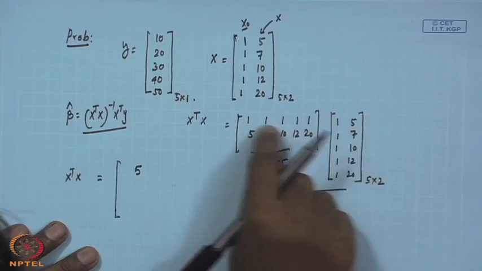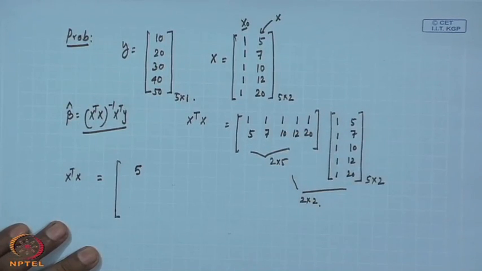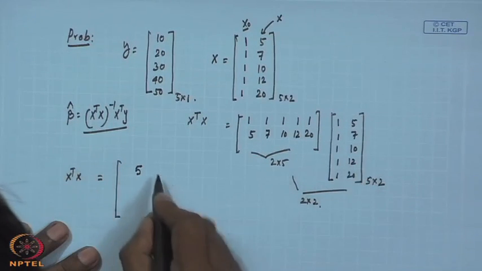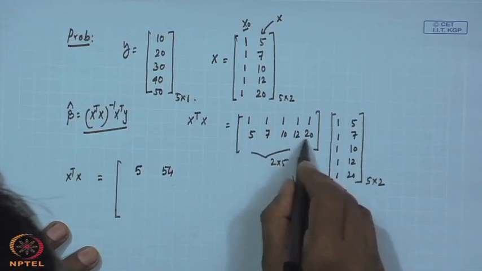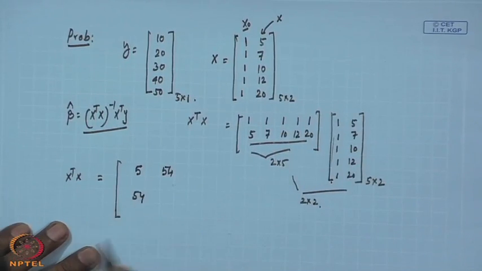Now, this into this like this, the sum is 5 plus 7 is 12, 22, 34, 54. On the other side also this cross this will become 54.